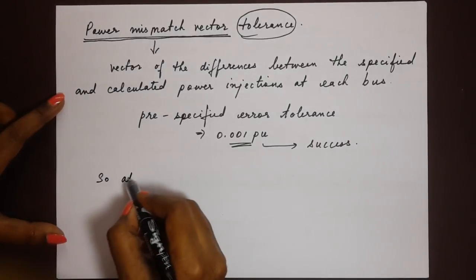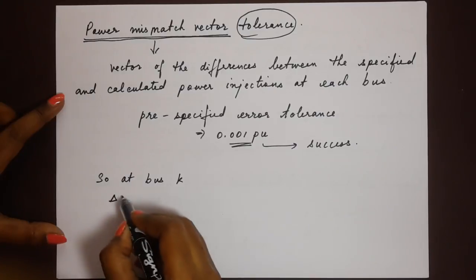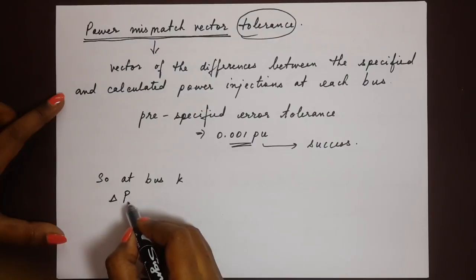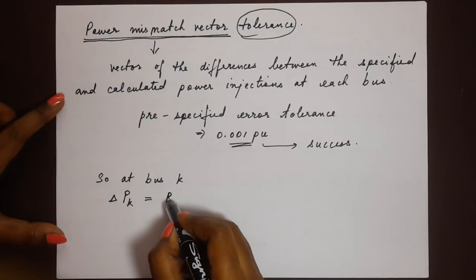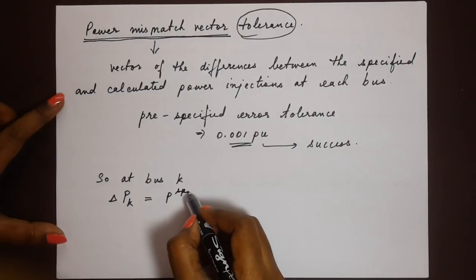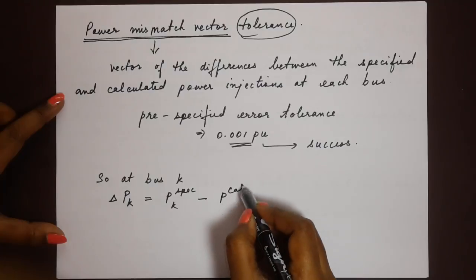So basically, here it is the power injections at each bus. So we'll take some bus K. The difference in the active power at that bus can be written as the specified value minus the calculated value.